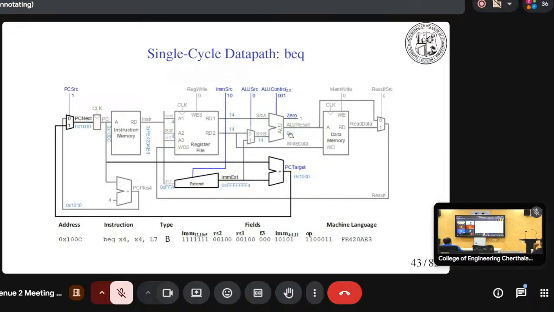If the two data in the corresponding two registers are equal, the zero flag will be set. By default the value of the zero flag is zero. So if the two data are equal, you will set the zero flag to one. And when the zero flag becomes one, you can add.